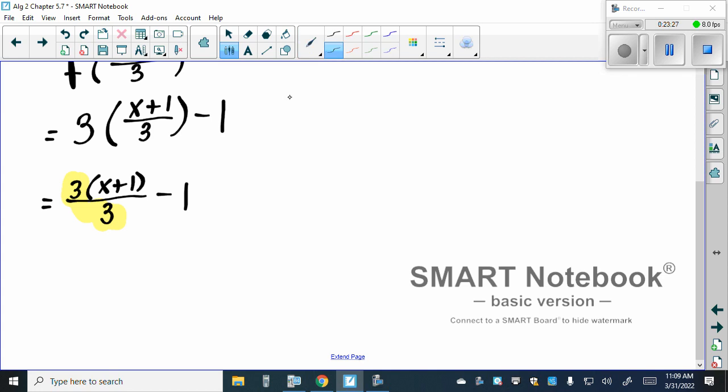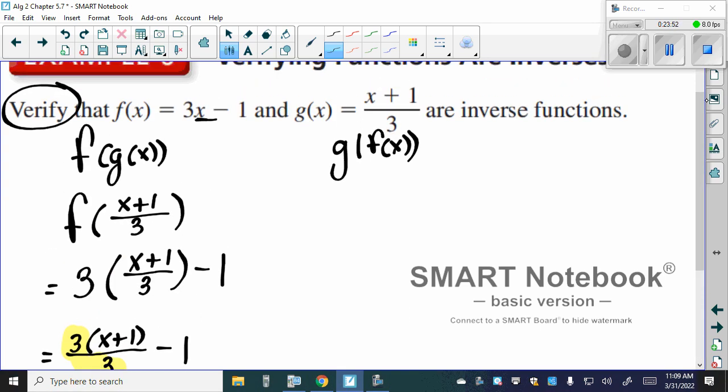And 3 divided by 3 is 1. So that just tells me that I have x plus 1 minus 1, which is x. So we're halfway there. We're able to show that f of g of x is x. They undid each other. So our f of g of x is equal to x.